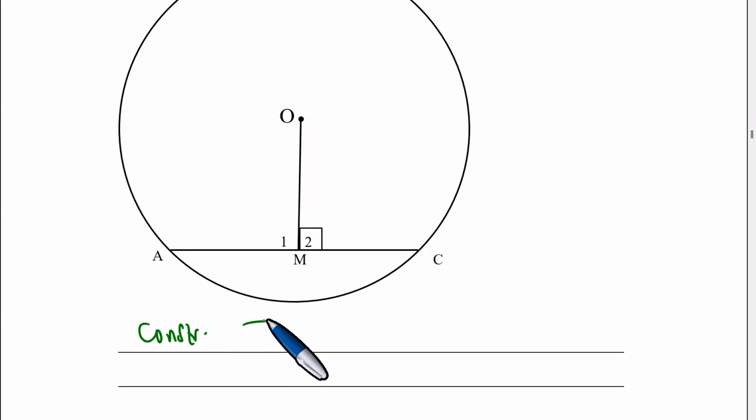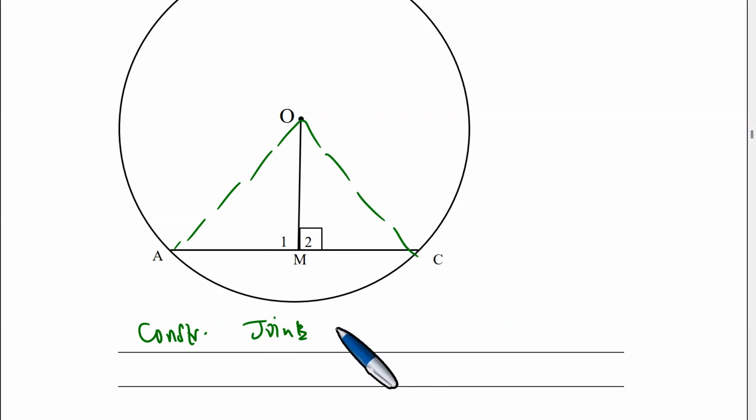Right, so you'd have to join like so. So you have to join AO and OC.